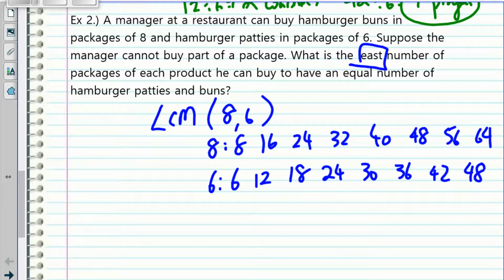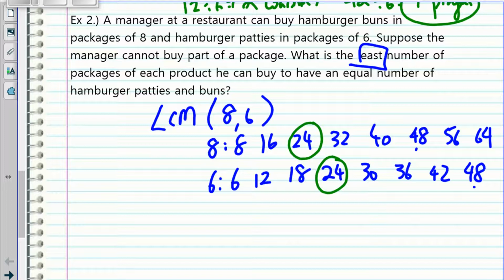Let's see, they are in common, but let's see if they're the lowest or the least. Let's see. Okay, I see it, all right. So 8, nope, nothing here. 16, nope. 24, there we go, bingo. Okay, so it's 24. Well, the least common multiple is 24.